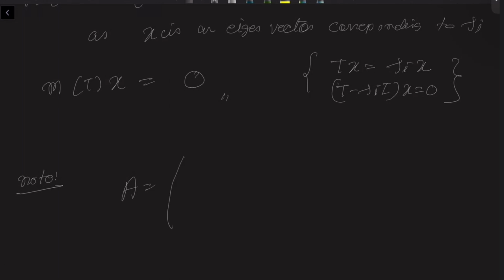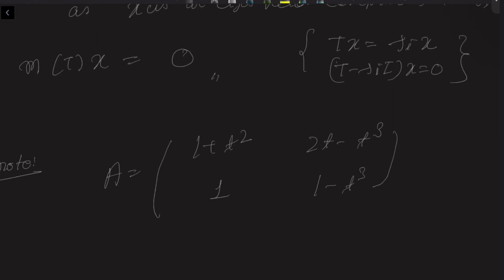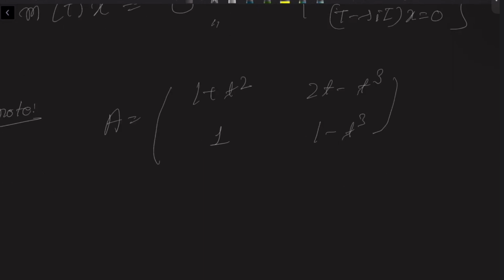Let's say A is the matrix with entries 1 plus t square, 2t, 1, and 1 minus t cube. So A is actually a 2 by 2 matrix, and the entries of this matrix are polynomials.